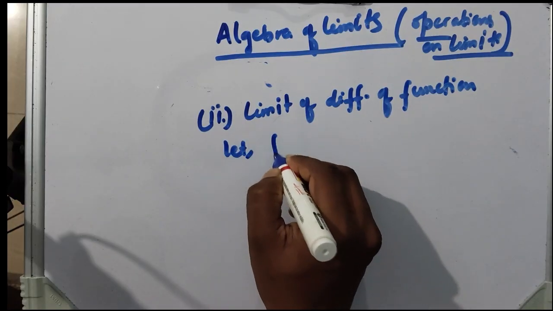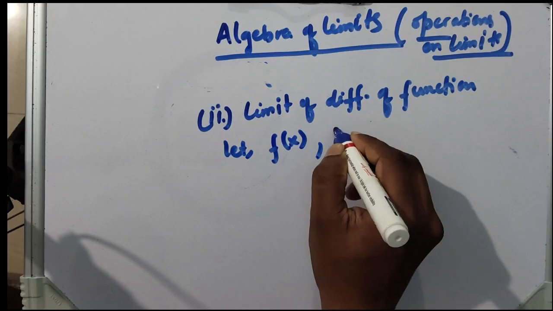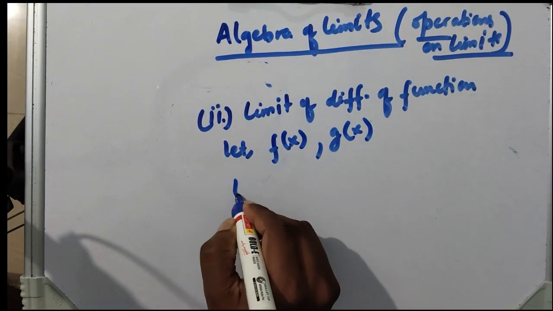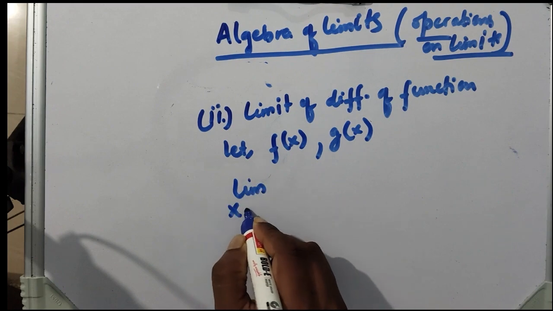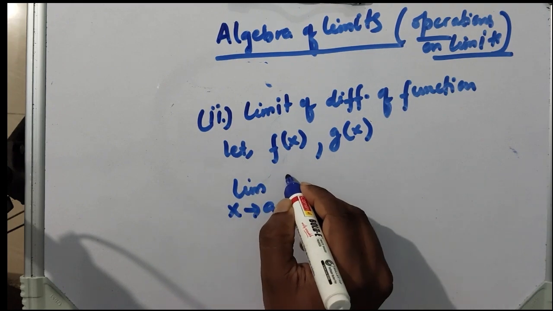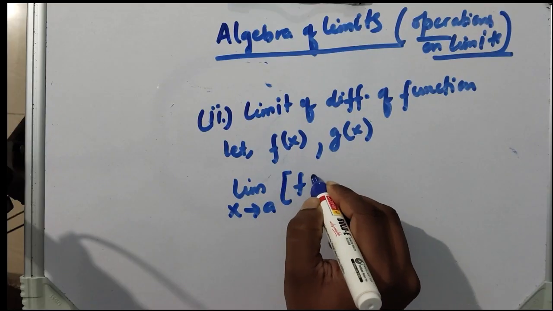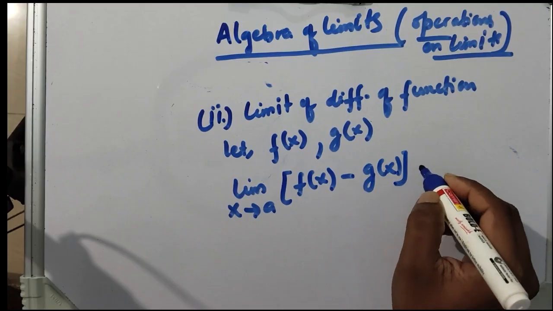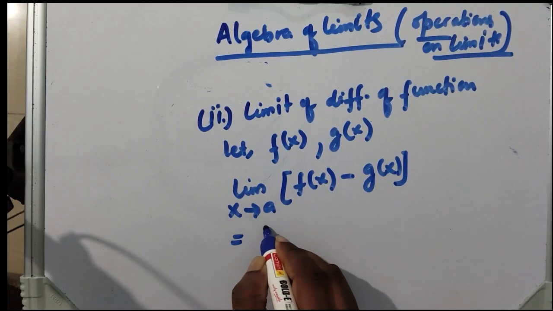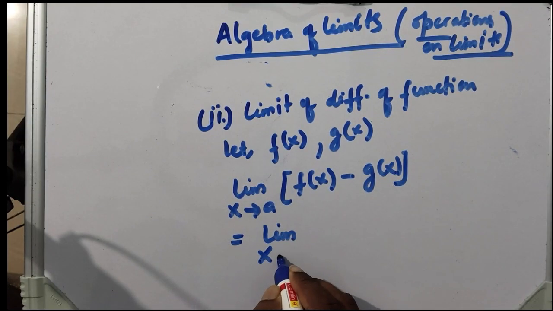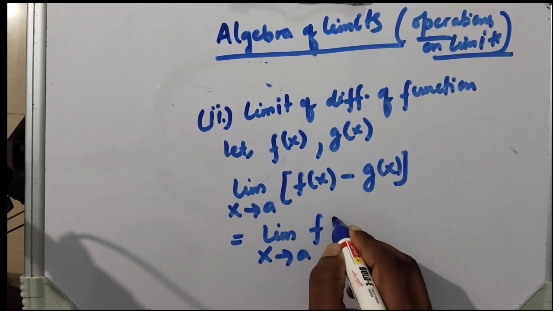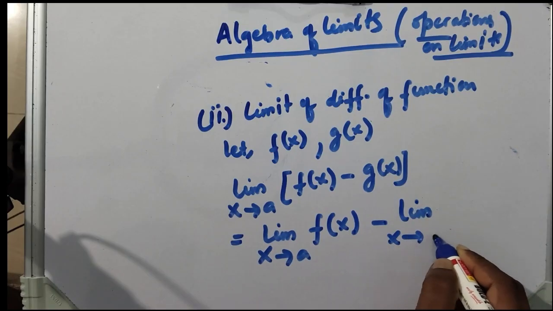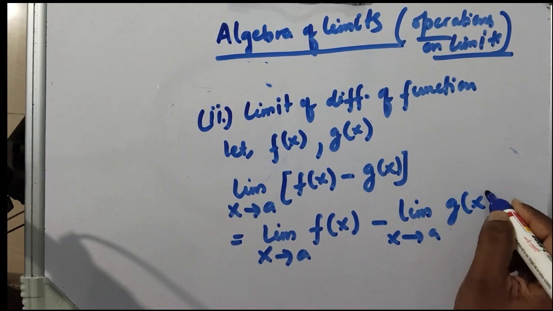Let f of x be a function and g of x be a function, then the limit as x tends to a of f(x) minus g(x) is equal to the limit as x tends to a of f(x) minus the limit as x tends to a of g(x).